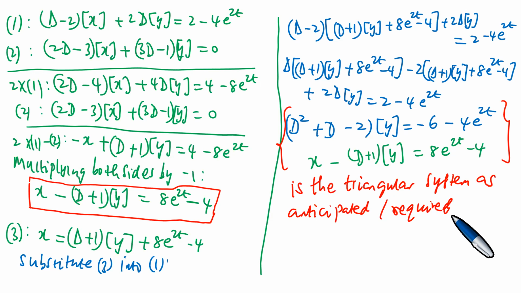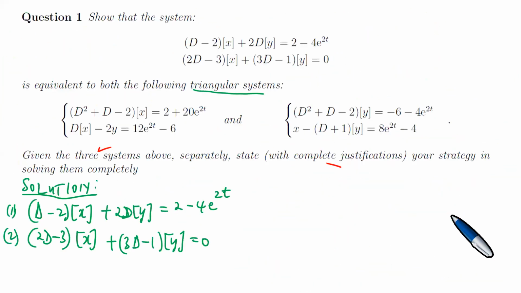But now we are not quite done as yet. Because the question was, we got the triangular systems, but we're not done. Because it said show that this system is equivalent to both the triangular systems. We have shown that. Given the 3 systems above separately, state with complete justification your strategy in solving them completely. We have actually done that.